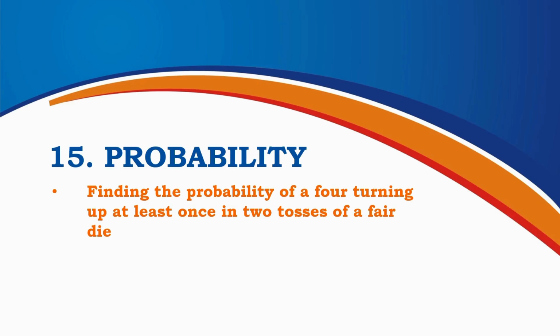Now we will find the probability of a 4 turning up at least once in 2 tosses of a fair die. Okay. So the first question is to find the probability of a 4 turning up at least once in 2 tosses of a fair die.